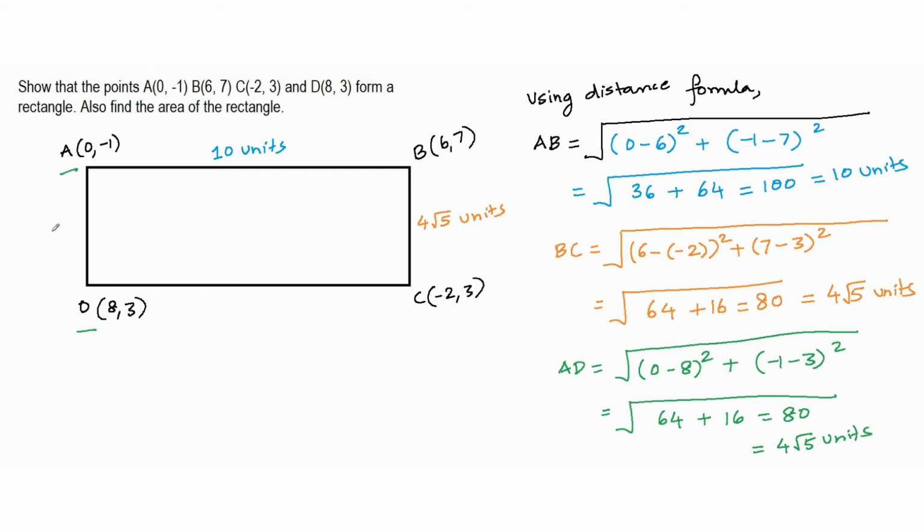So this particular length is also equal to 4 root 5 units. So now I immediately see that AD and BC are equal to each other.